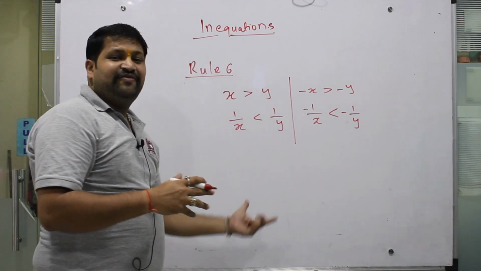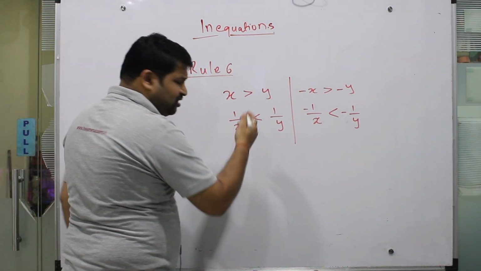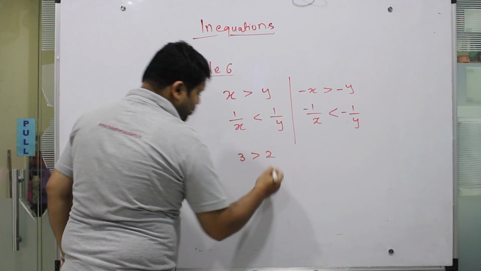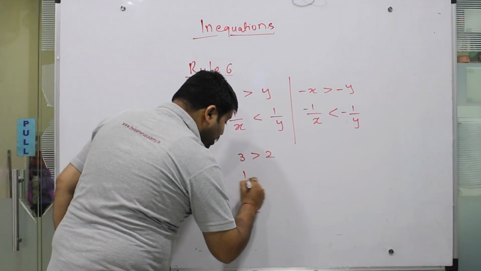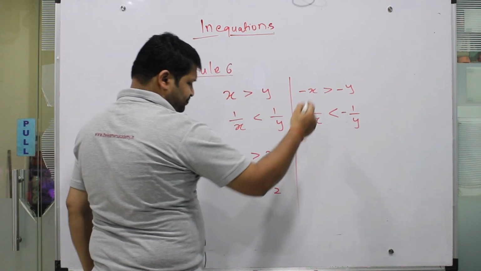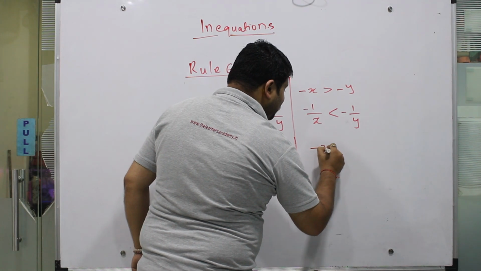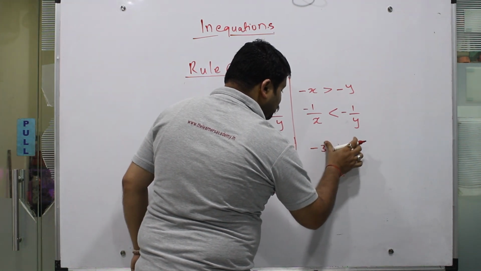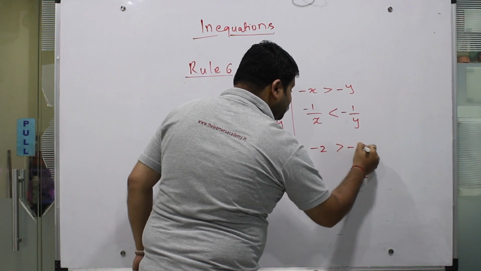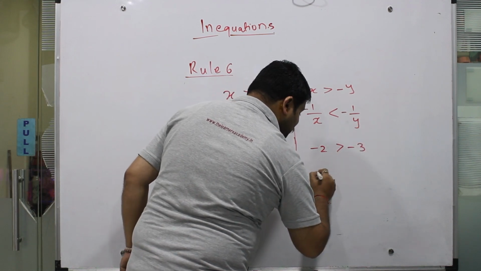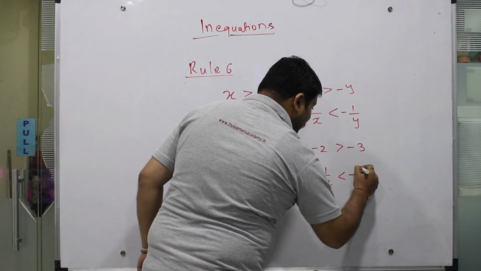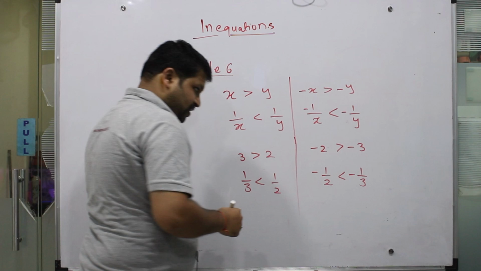तो ये भी काफी लॉजिकल है. If we consider a number का system here, so say if we have 3 is greater than 2, we know that 1/3 is less than 1/2. Same way, if we have minus 2 is greater than -3, you take the reciprocal, it becomes -1/2, which would always be less than -1/3.